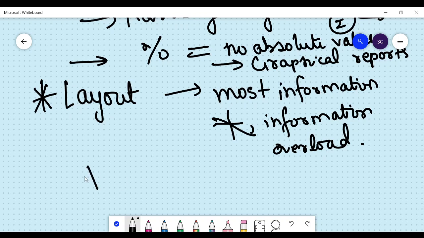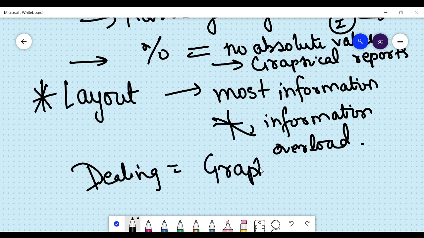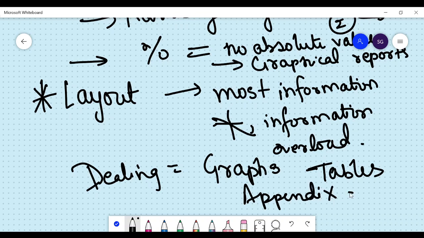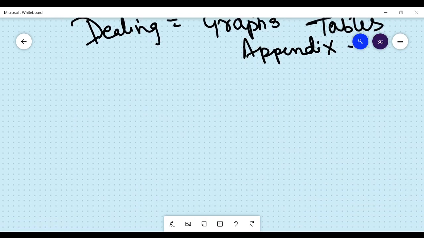To deal with this, graphs can be used, tables can be used, and an appendix can be made to the main report to reduce the information workload of the report.